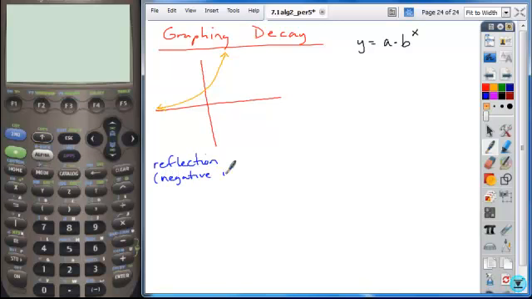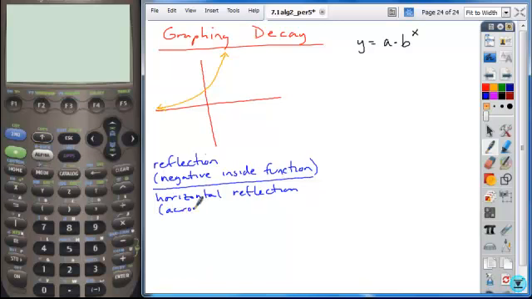If there's a negative inside your function, meaning it's directly applied to the x, it's not outside the x or outside the function, that reflection is a horizontal reflection, which means it's across the y-axis.